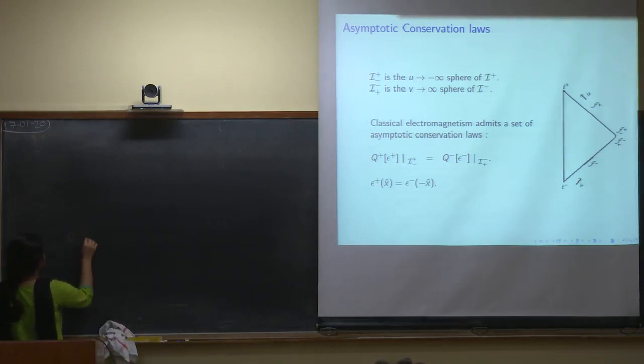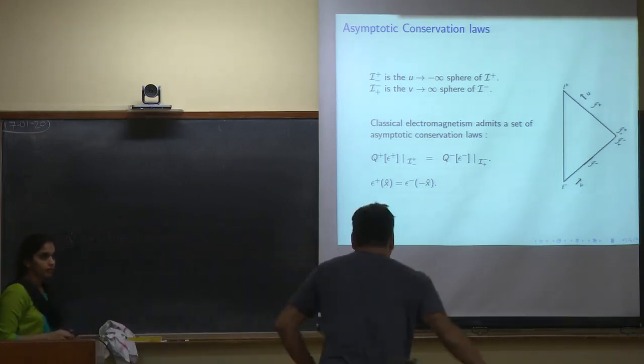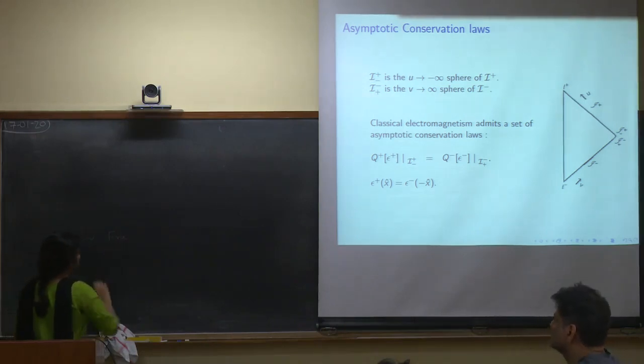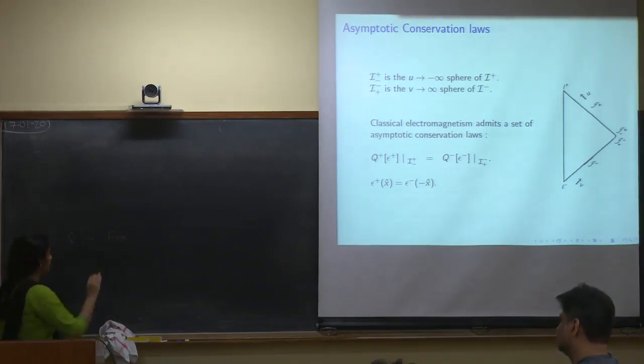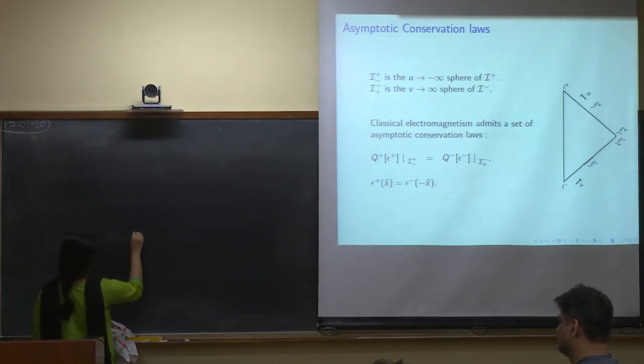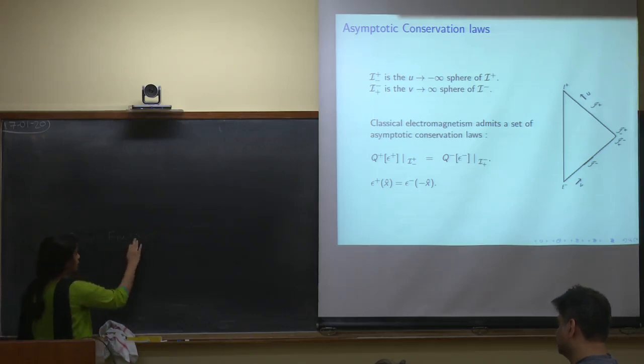These Q's are some components of the field strength. I'm not writing the details here, but there is a particular fall off. These are just functions of z bar, with particular fall off in u and r.